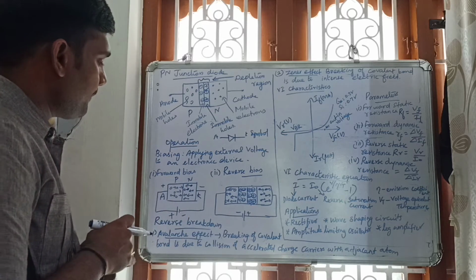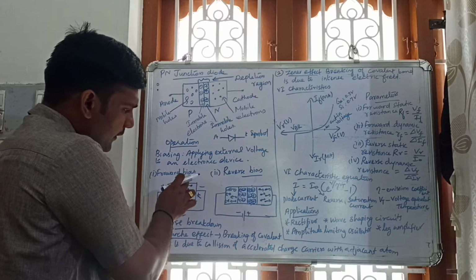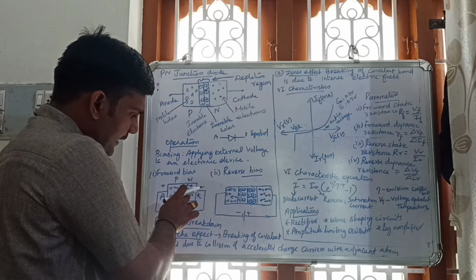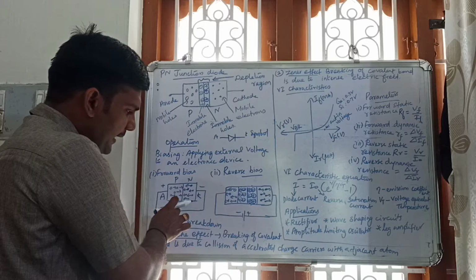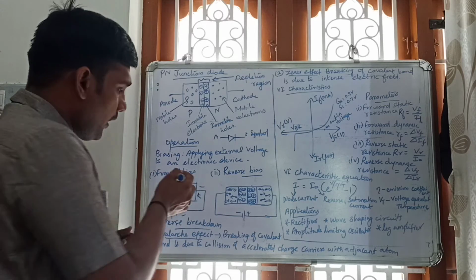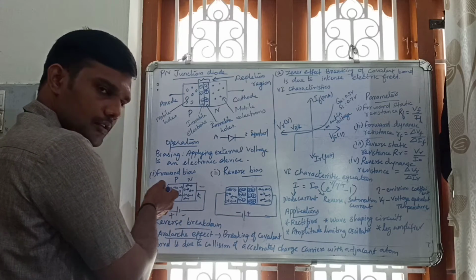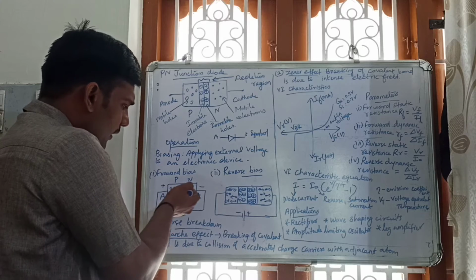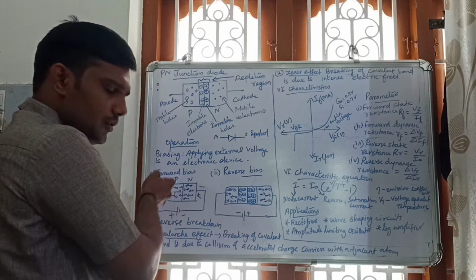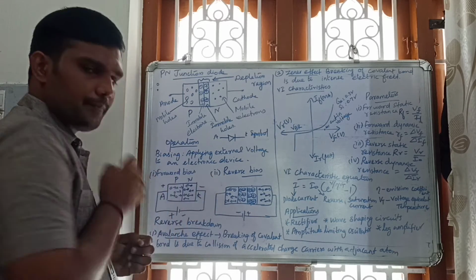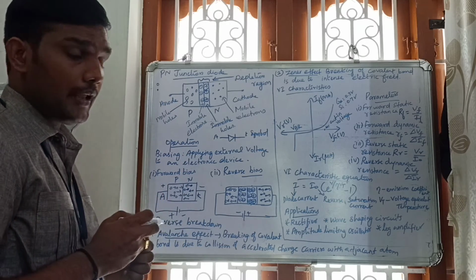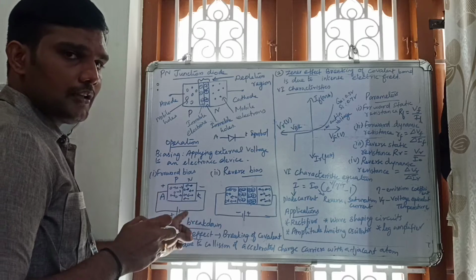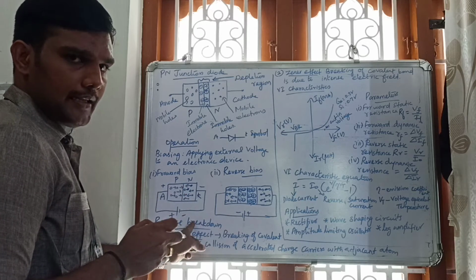And in N-type semiconductor, majority carriers are electrons. They have the negative charge, so they are repelled by the negative supply. They are pushed into the P-type region. Due to the movement of charge carriers, there is a flow of current. So in forward bias, it will conduct.